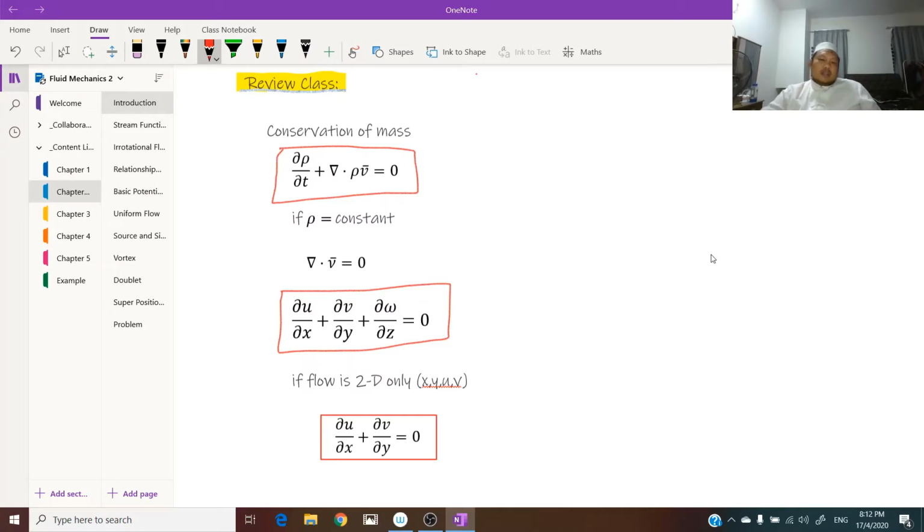In two-dimensional, we can write it as ∂u/∂x + ∂v/∂y = 0. For the potential flow, in all of the cases, we're going to use this.